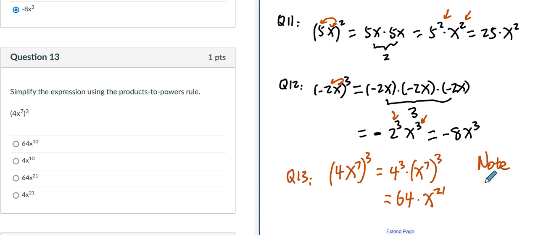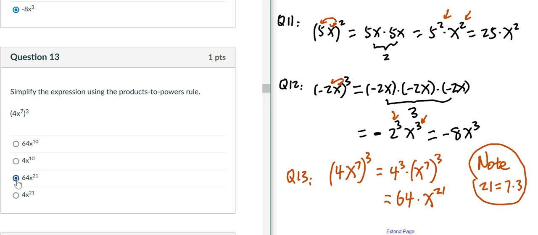So that will be 21 equals 7 times 3. Oh, okay. So go back to check. Where is that? 64 times x to the 21st. That's the one right here. Okay. All right. Now keep going.